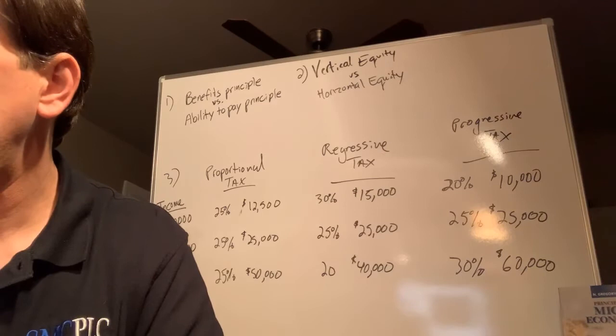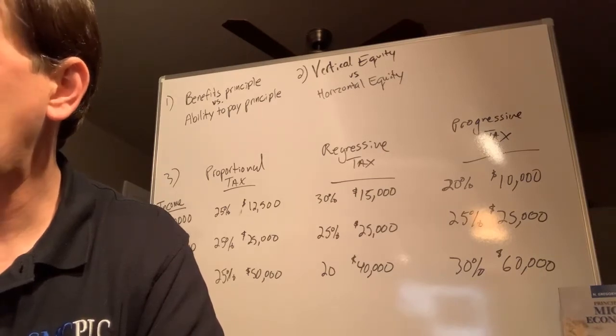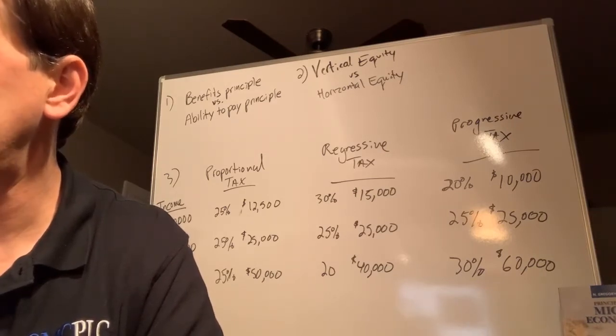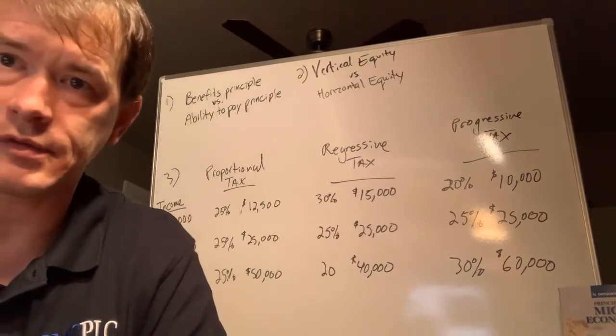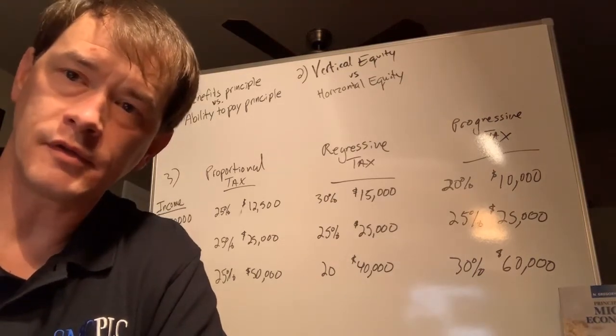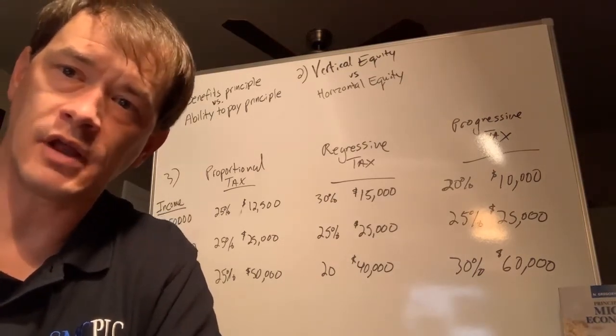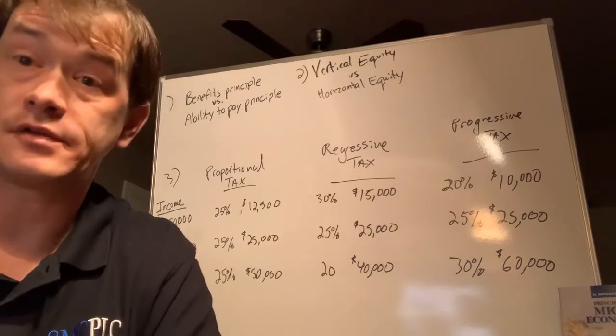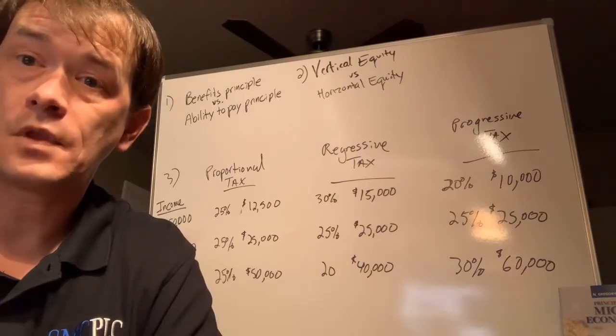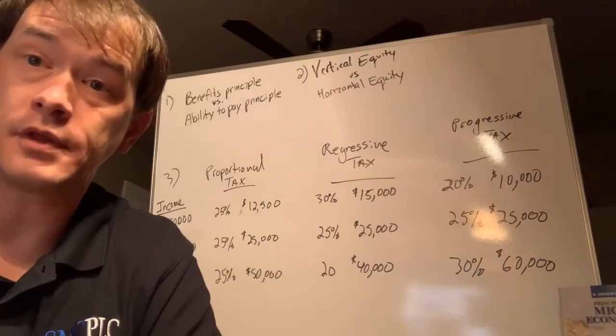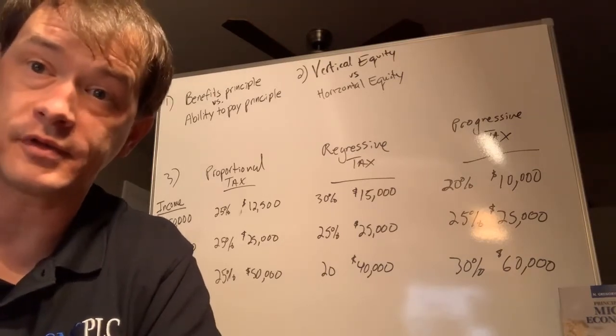Vertical equity is the idea that taxpayers with a greater ability to pay taxes should pay larger amounts. So vertical equity looks at two people and says, hey, I'm earning $50,000, and another person, hey, I'm earning $500,000 a year. The $50,000 person really hopes that the $500,000 person's paying more.